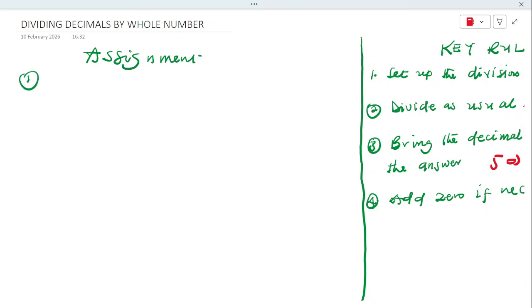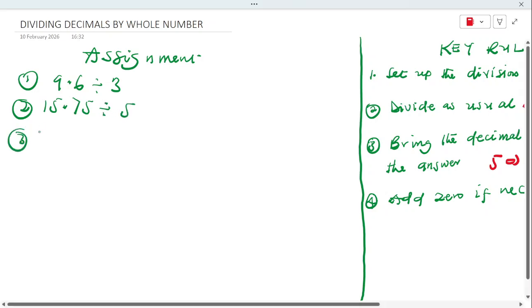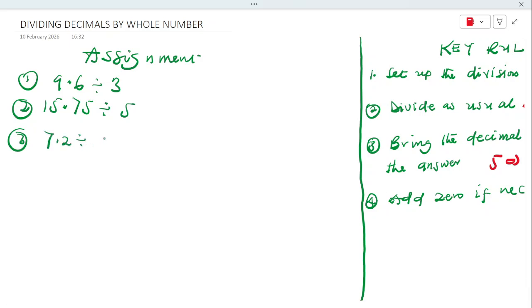Assignment number 1, you are to solve 9.6 divided by 3. Number 2, 15.75 divided by 5. Number 3, you have 7.2 divided by 4.